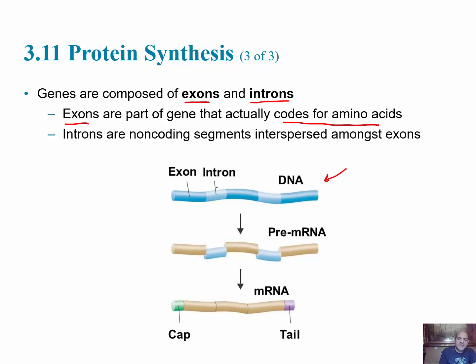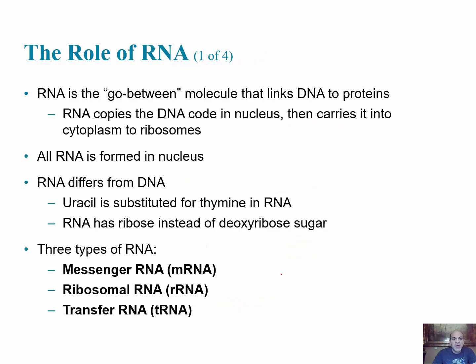Your DNA would have segments of introns, which we might refer to as interfering segments, whereas the exons would be expressed segments, ones that are going to be used to make protein. We're going to use our DNA to make a messenger RNA that will take that message to your ribosomes. And your final product RNA would have those introns removed. We'll see how that works a little bit later in this video.